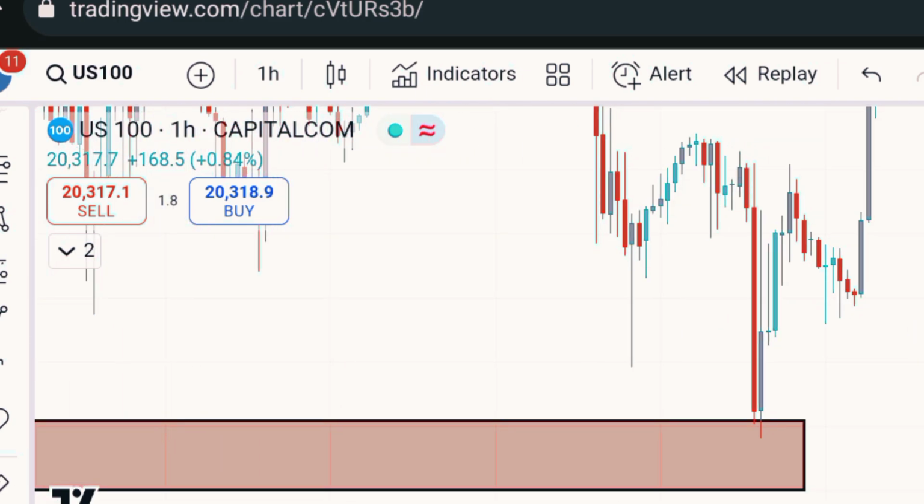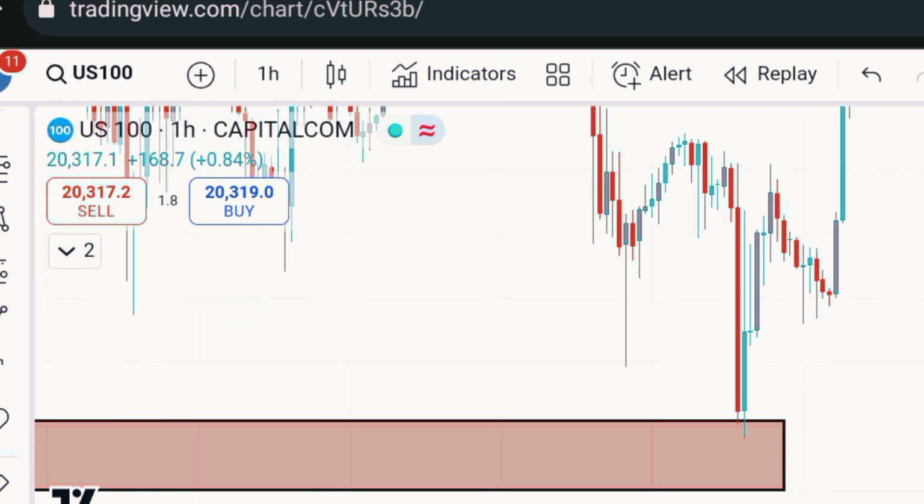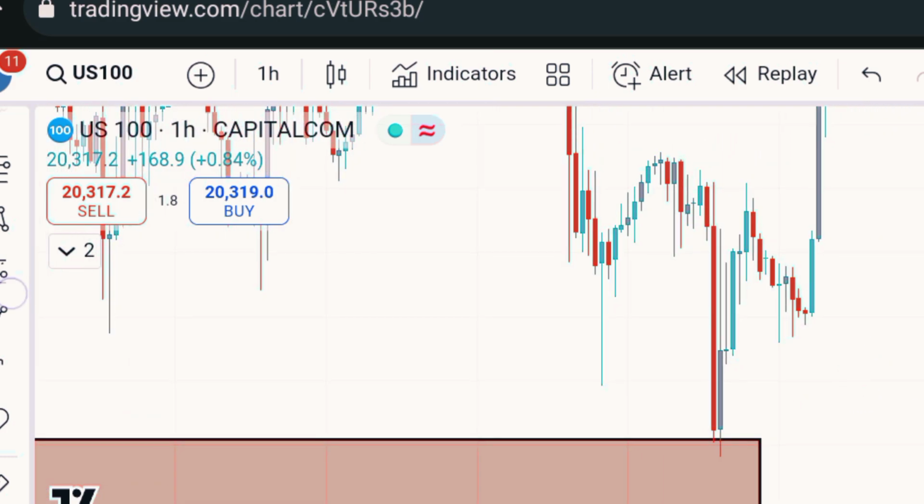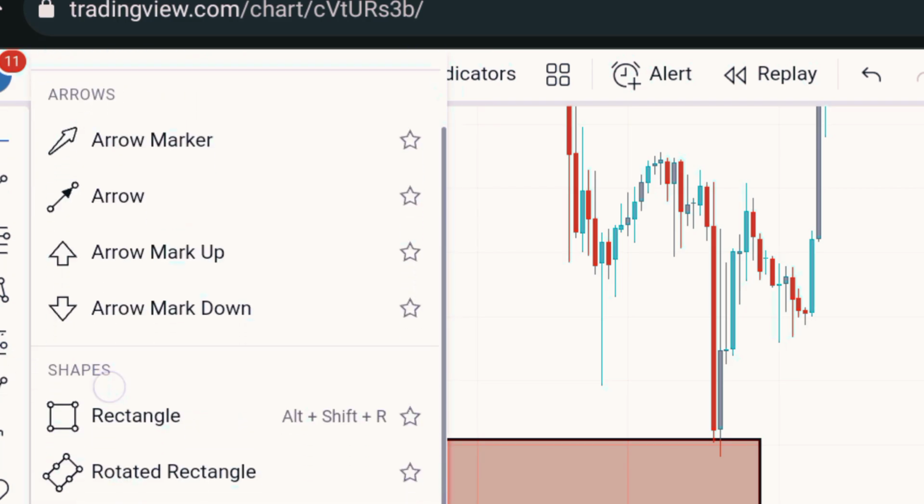As the market comes into it, you can either use an engulfing pattern or a shift in market structure to enter your trade to the upside.